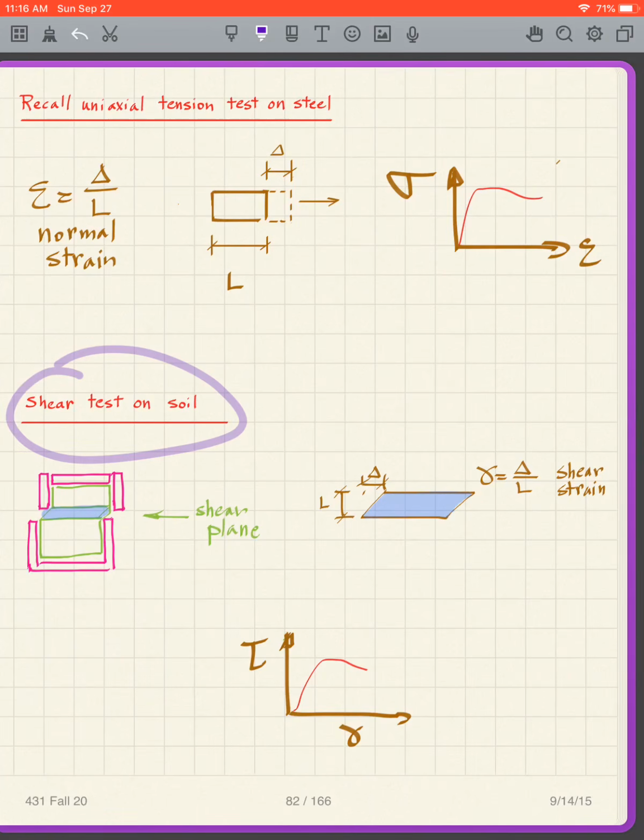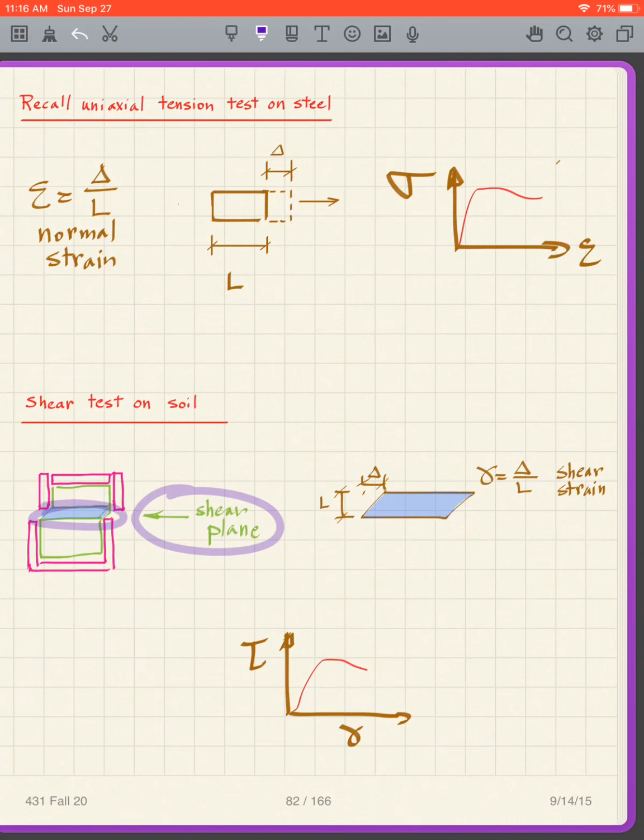Well, when we do a shear test on soil, what's happening here is that we have the top of the box and the bottom of the box, and then we have our shear plane. The shear plane is just in this region, basically, and a plane, we call it a shear plane. And if we look closely at that shear plane, it's separated. We have this little region that is being stressed. It originally started out as a rectangle, and now it becomes a parallelogram.